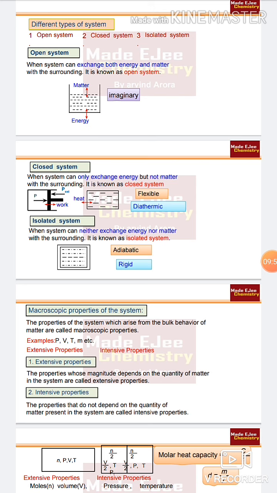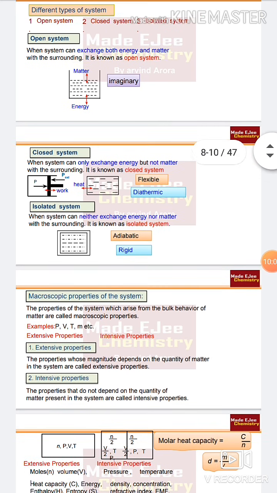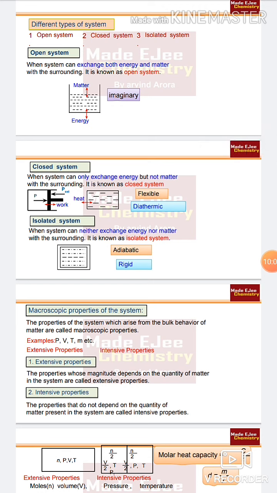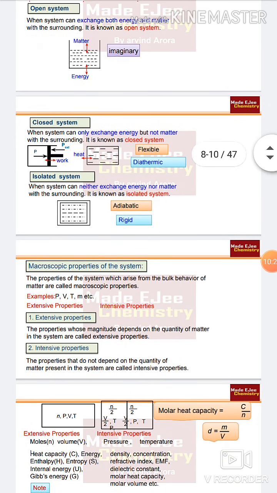For example, take a beaker containing water which is open. In this case, the matter, water vapors, are exchanged with surrounding, as well as the heat or energy is also exchanged with surrounding. So this system is called an open system.